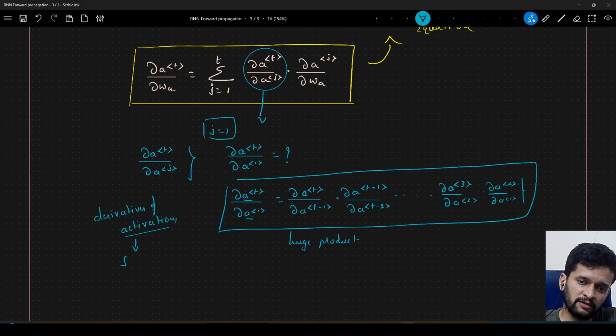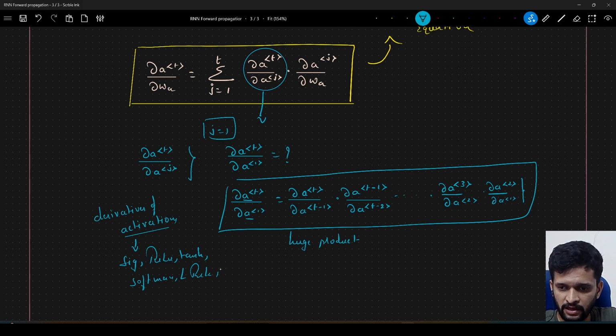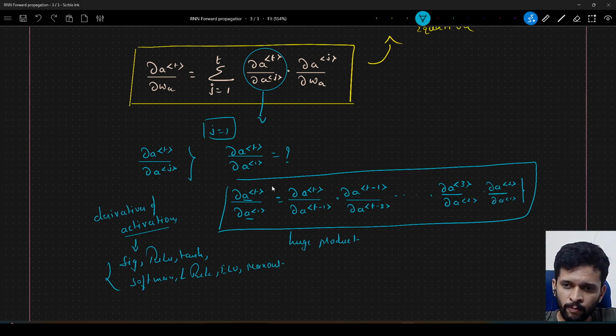These can be anything from sigmoid to ReLU, or it can be tanh, softmax, leaky ReLU, ELU, or something called maxout. So there are multiple activations, right? It can be the derivative of any of these activation functions which we choose to apply in that particular recurrent neural network. Okay. So guys, this is how backpropagation works in a recurrent neural network.